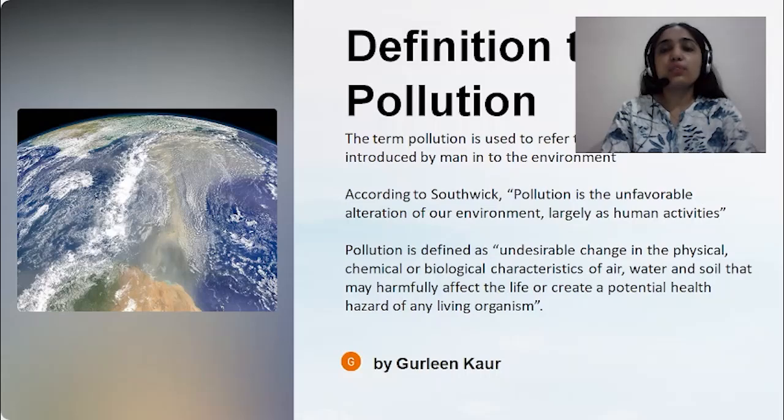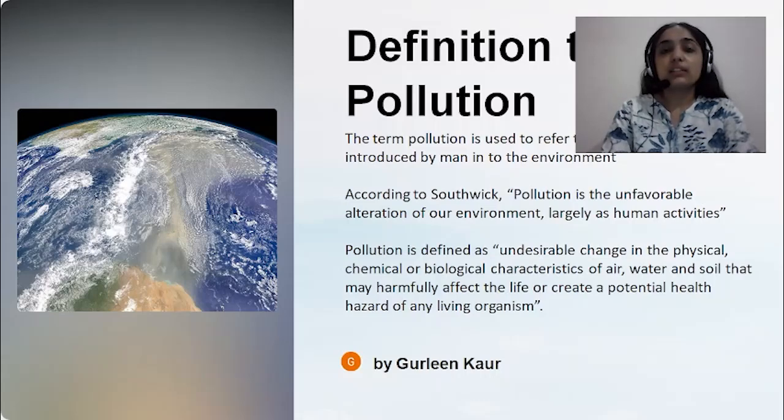The term pollution is used to refer to harmful material introduced by man into the environment, which means all those harmful materials which are introduced by humans into the environment, causing a disastrous impact on humans, on wildlife, on the environment, are referred to as pollution.